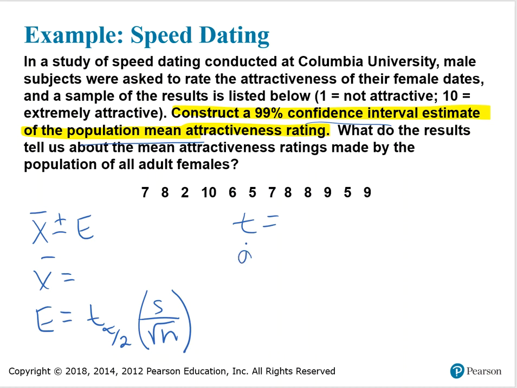To find T, I need to know the degrees of freedom. I need to know alpha. I need to know S. And I need to know N. So once I find all of those parts, I'll be able to construct the confidence interval. Using my calculator, I find that X bar is equal to 7.